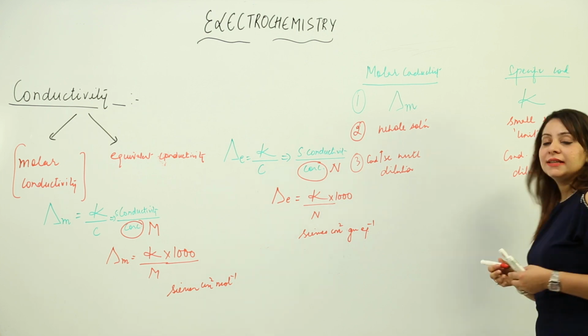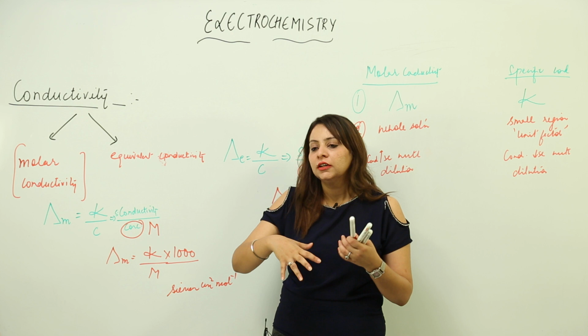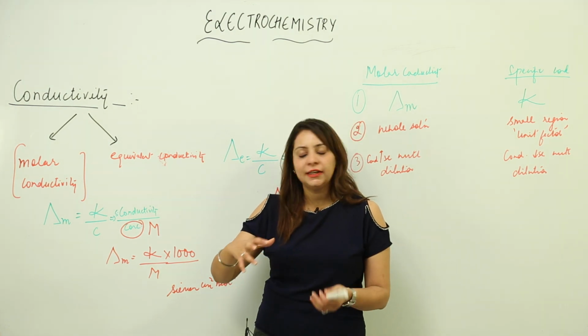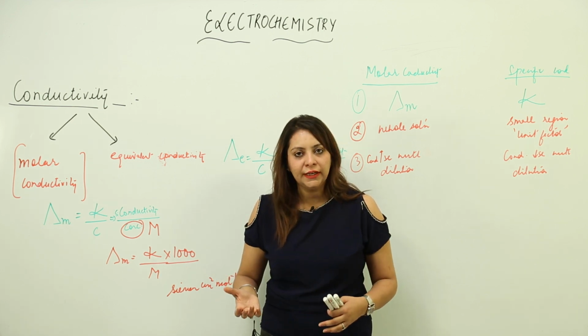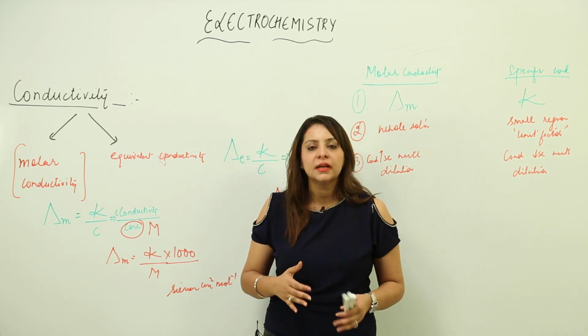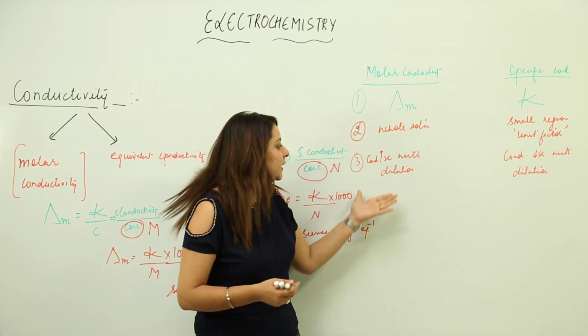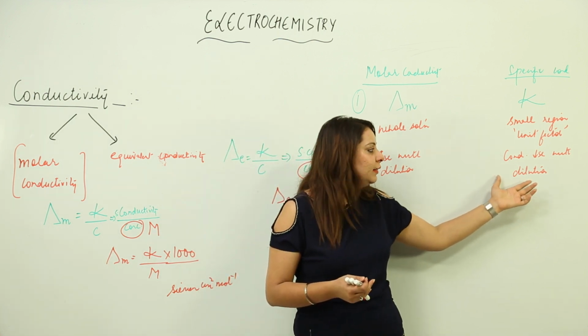First, what is dilution? Dilution means we are increasing the amount of solvent in a solution. If the solvent is water, I am adding more water into it and making the solution less concentrated. So molar conductivity increases with dilution, and specific conductivity decreases with dilution.